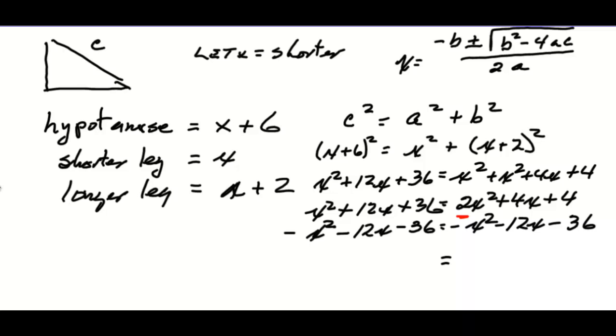Now what I get is on the left I have 0, and on the right I have x squared minus 8x minus 32. And if I knew of two factors when multiplied together gave me 32, the difference of which was 8, I'd be in like Flynn, but there isn't any such thing. So that means to solve this problem, we have to use the quadratic formula.